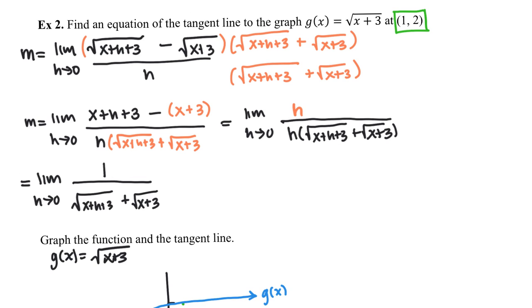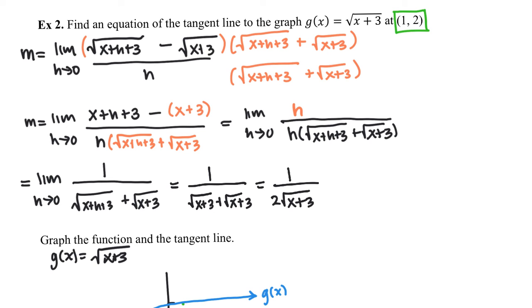Okay, now I'm going to go ahead and substitute h is 0 here and do direct substitution, which is going to give me 1 over the square root of x plus 3 plus the square root of x plus 3, which I'm going to rewrite as 1 over 2 times the square root of x plus 3.